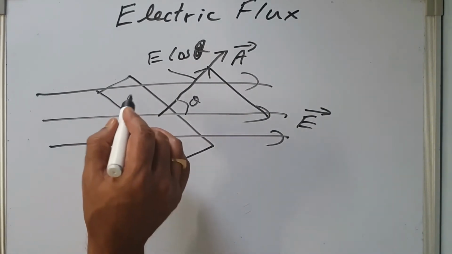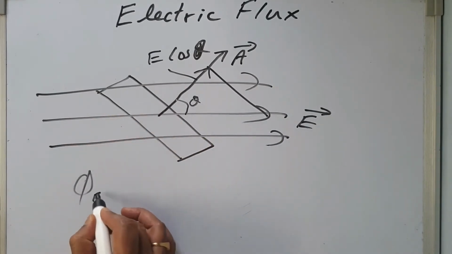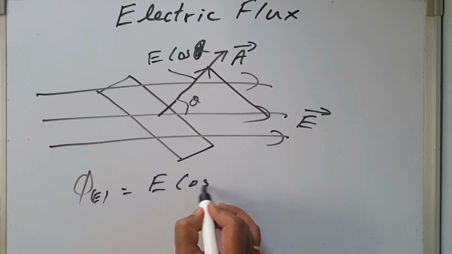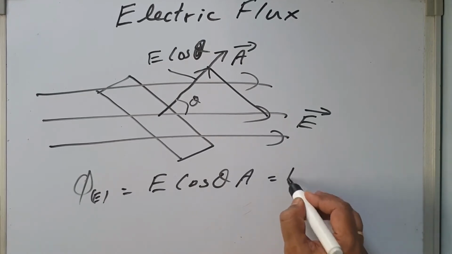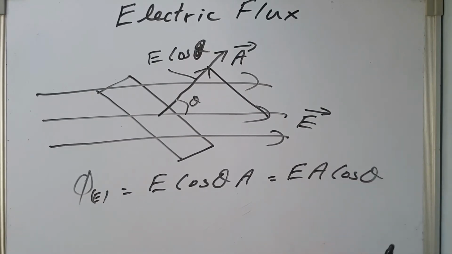So what is the flux over this surface now? Phi is going to be E cos theta into A, that is EA cos theta. E is a vector, A is a vector, theta is the angle between them. Therefore, what is EA cos theta?